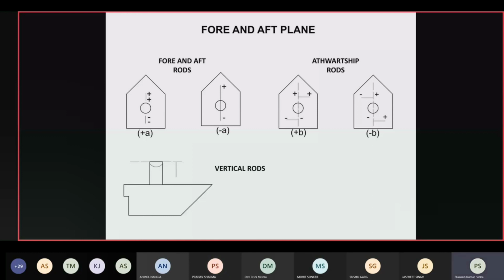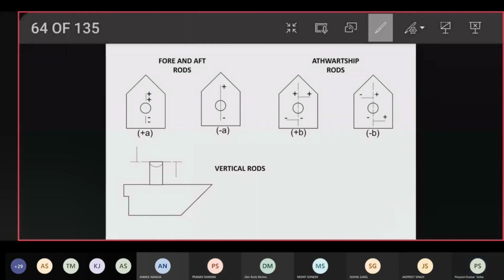One end which is closer to the compass should be given what kind of name? Anyway, let us see. So rods are like this. So forward rod, top end, give the sign. Positive.